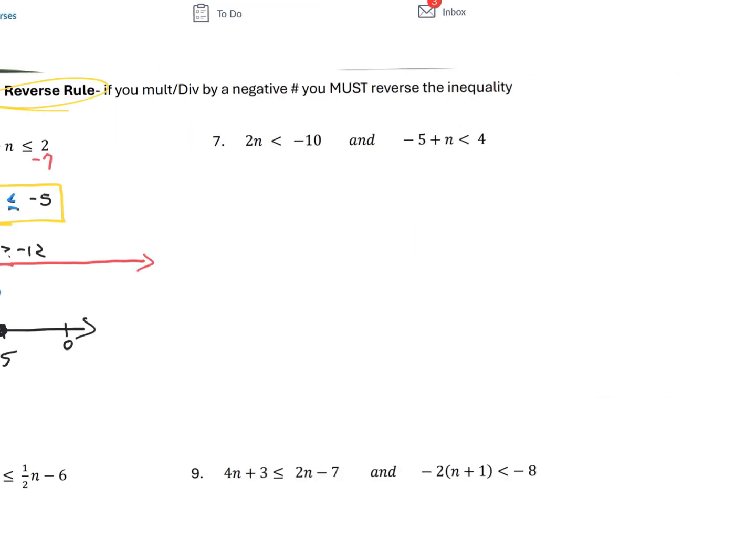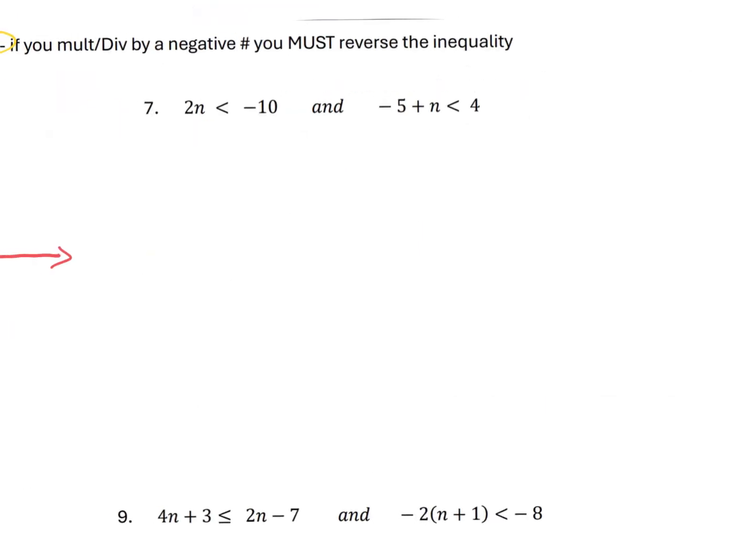On the next one, shouldn't we divide both sides by 2? And doesn't that give us no reverse? Some of you were reversing your inequality. You divided by a positive, so there is no reverse. And shouldn't we add 5 to both sides? And doesn't that give us n is less than 9?